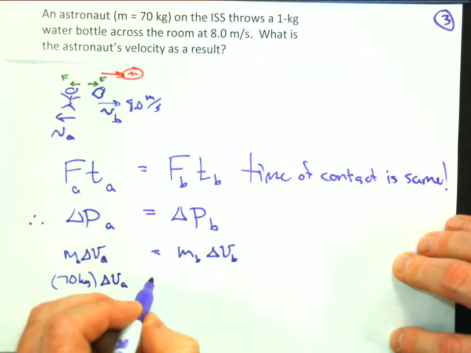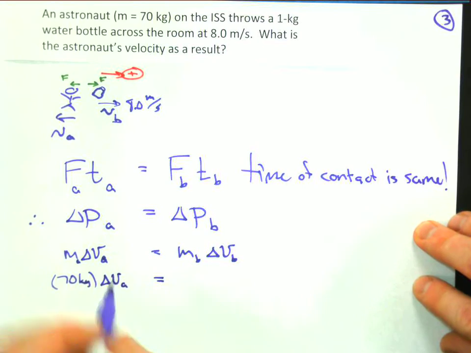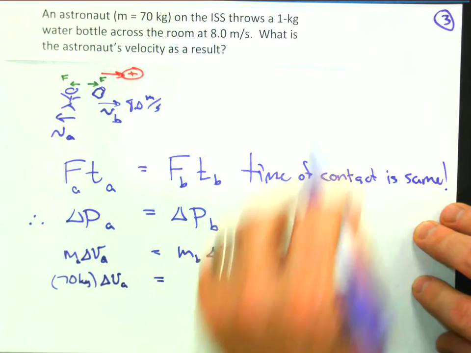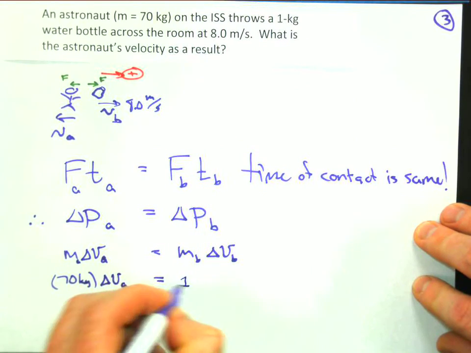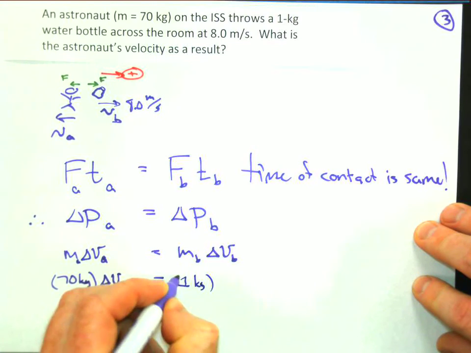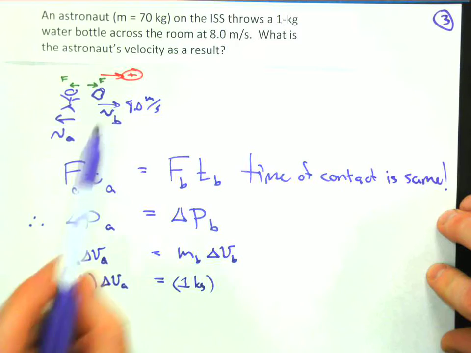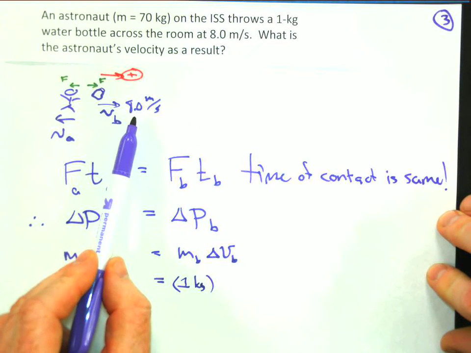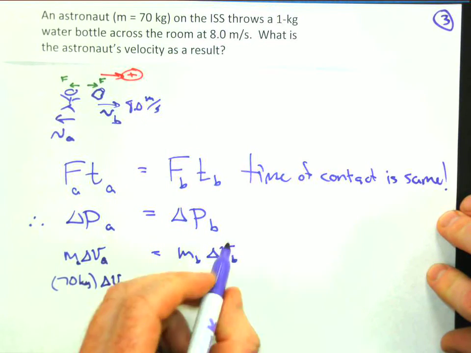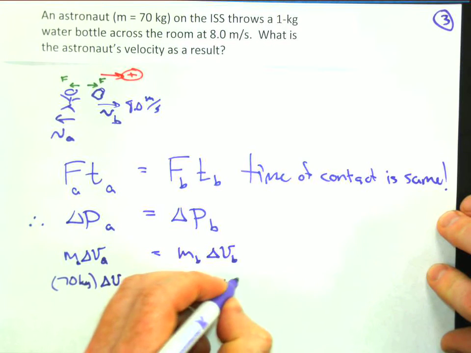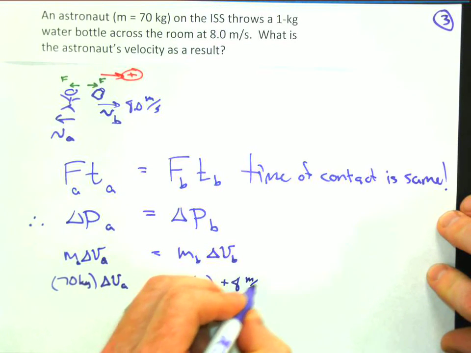But over here, the mass of the bottle, well, the bottle was a 1 kilogram bottle. And the change in velocity of the bottle. So this is interesting. Before the throw, the bottle would have been going 0, and now it's traveling at 8. So the change is a positive 8 meters per second.